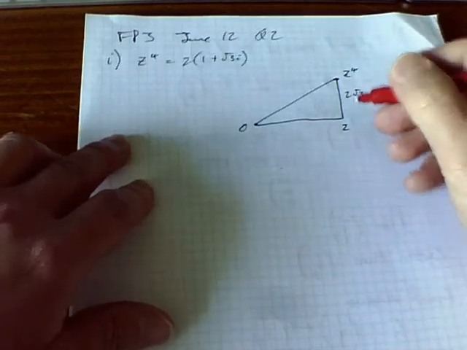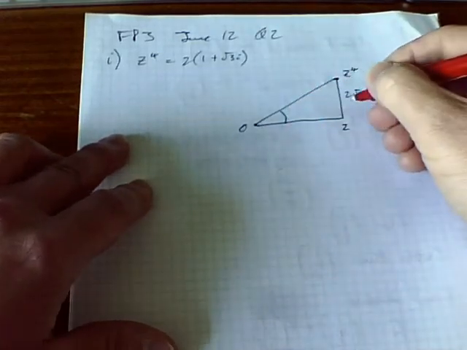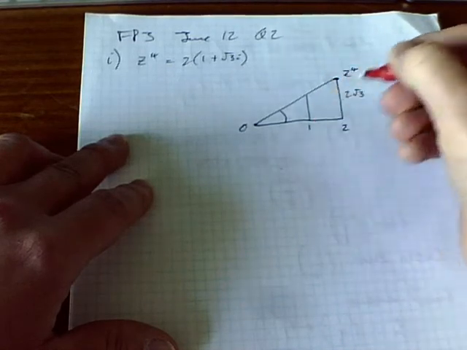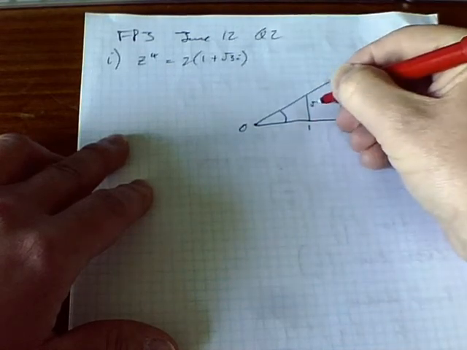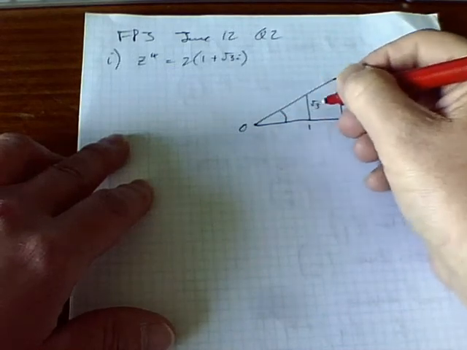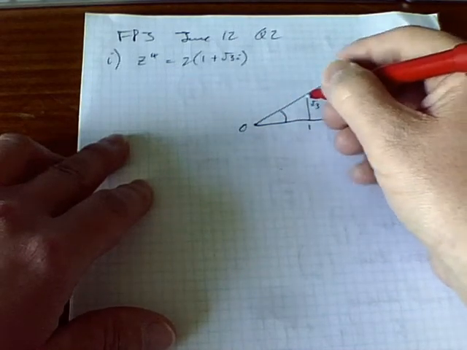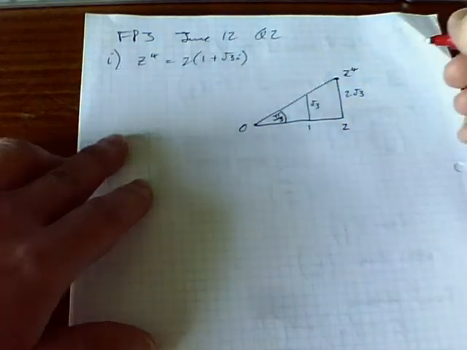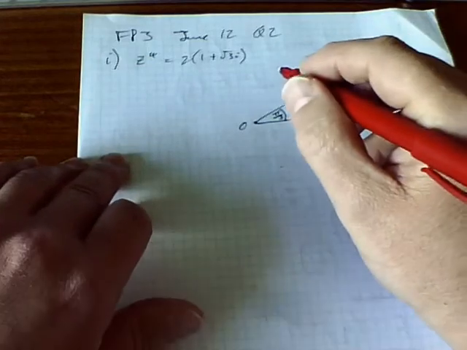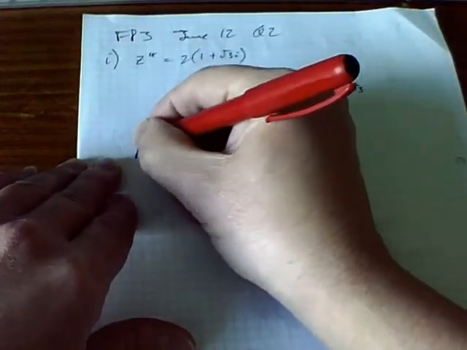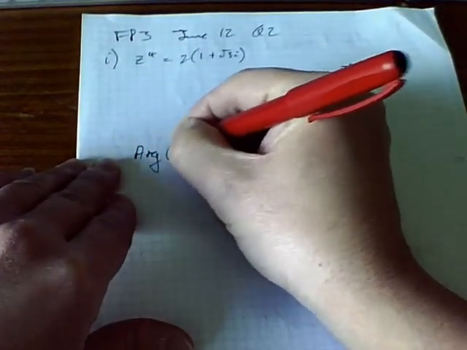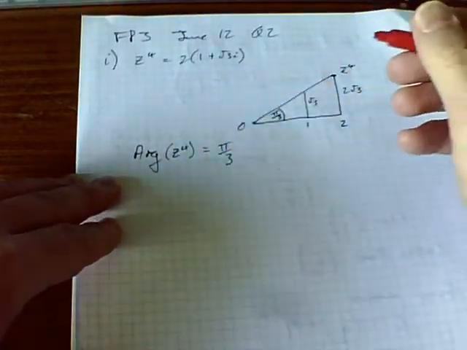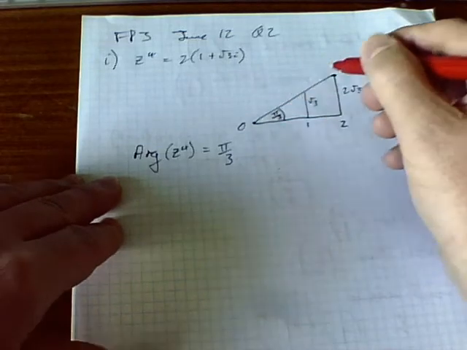It's not immediately obvious what this angle here is, but if you consider the similar triangle there, with 1 there and root 3 there, this is a 1, 2, root 3 triangle, so we can see that in fact pi by 3 is the angle in there, and so we know that the argument of z to the 4 is equal to pi by 3.